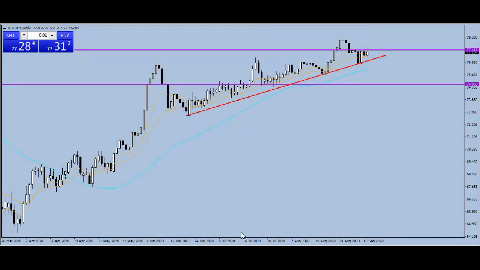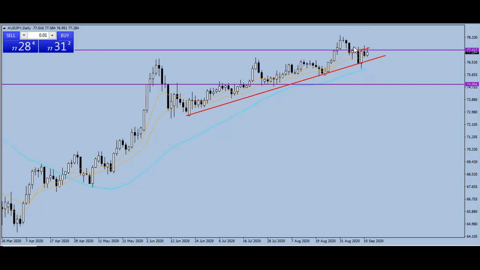It has been in place since the 24th of June this year, and it has actually been holding real good. You can see a steady ascending trend line in which price has bounced a couple of times and is still holding right now.